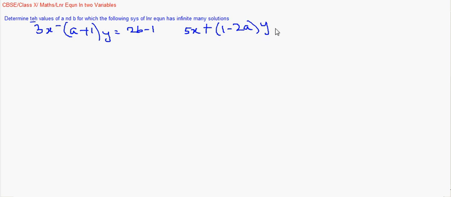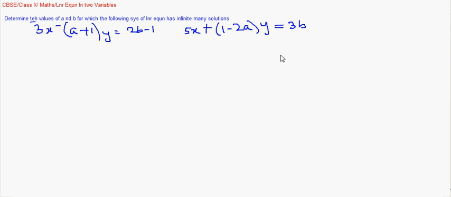Now I'll write the equations. They are in the form 3x minus (a plus 1)y equals 2b minus 1, and the other one is 5x plus (1 minus 2a)y equals 3b. So finding out the condition and replacing it, we have already seen the format of the equations.